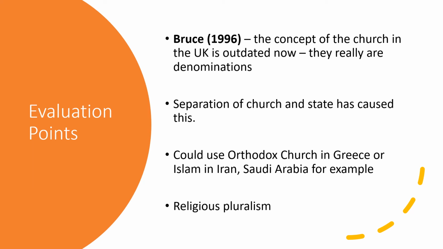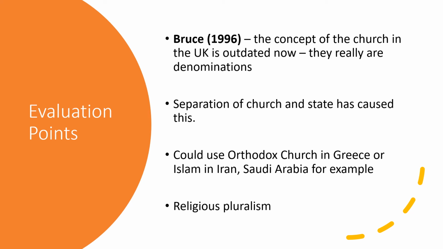If you wanted some examples of churches to counter that for extra AO3, you can use the Orthodox Church in Greece, which still has much sway over the way that the Greek state runs, or you can use Islam in Iran or Saudi Arabia, for example, where it is what we might call a theocracy. It's a system of governance based on religion, and instead it's this idea of religious pluralism. So denominations exist because we have many different viewpoints.